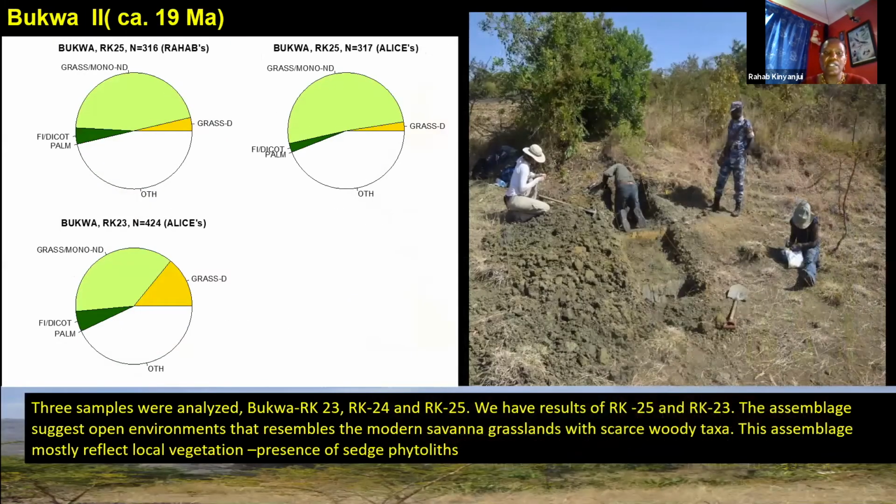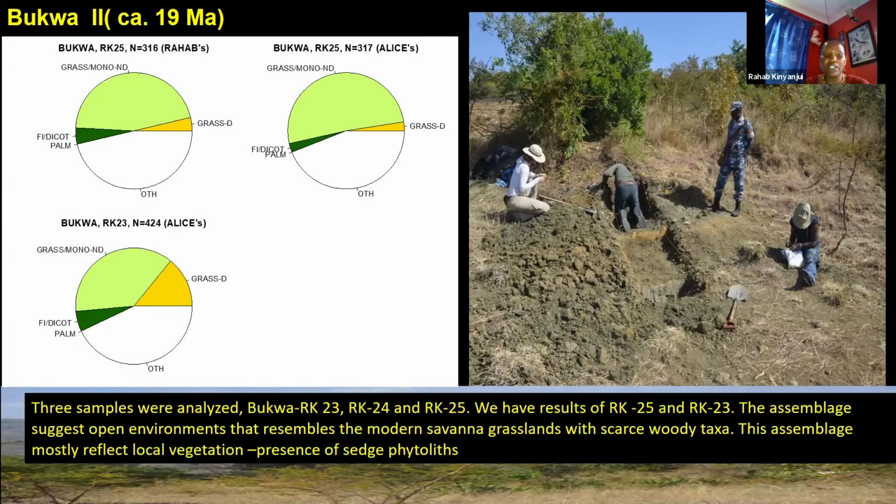Again, in Bukwa, we did the same thing, and we both found similar grass diagnostics from Bukwa at 19 million years. From this site, we analyzed 3 samples, which suggested open environments that resemble the modern savanna grassland with scarce woody taxa.